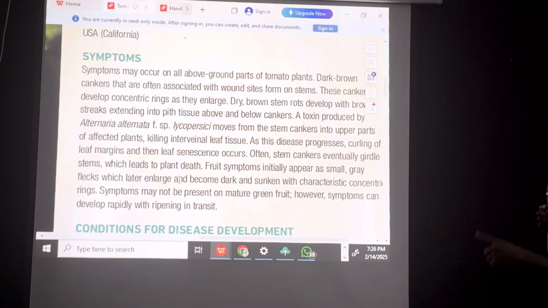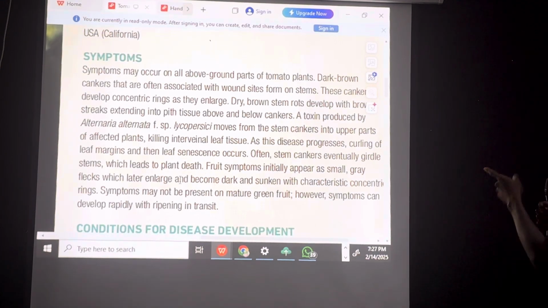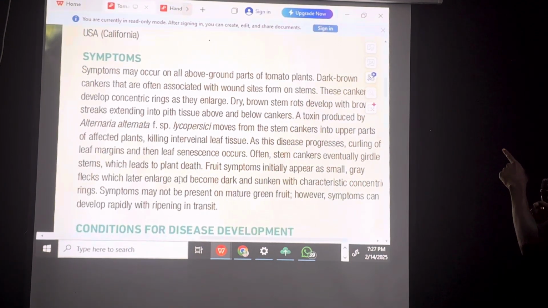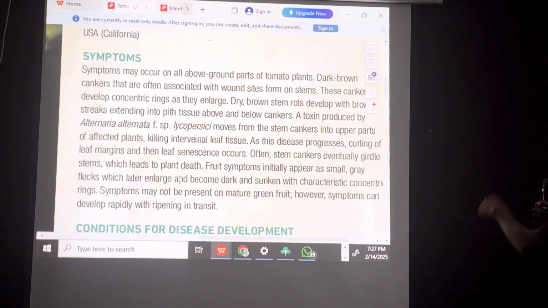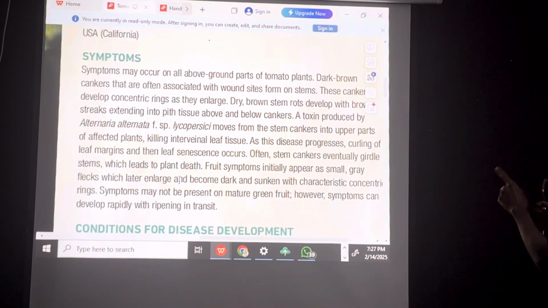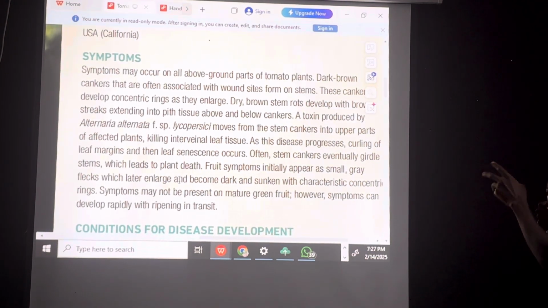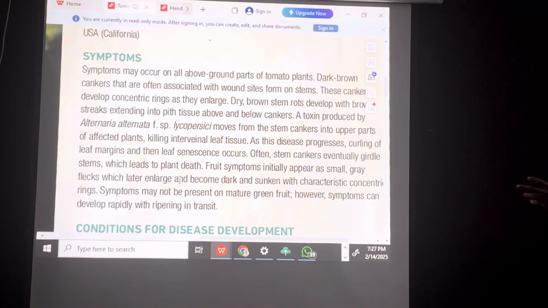A toxin produced by the Alternaria species moves from the stem cankers into the upper part of the affected plant, killing interveinal leaf tissues. As this disease progresses, there is yellowing of leaf margins and leaf senescence.